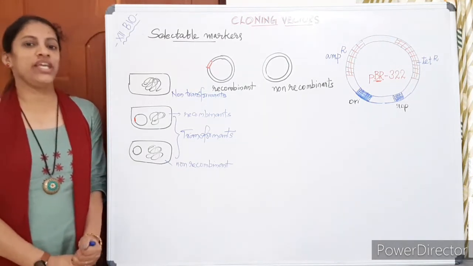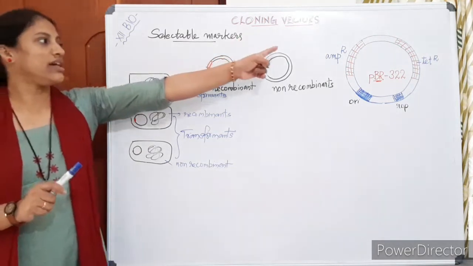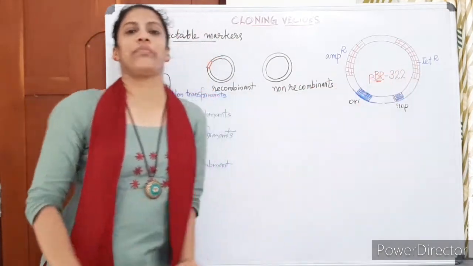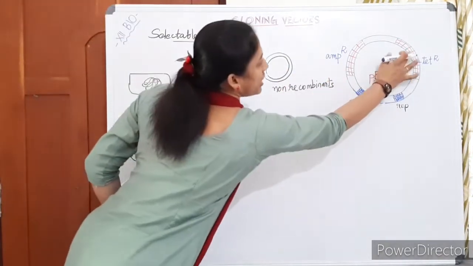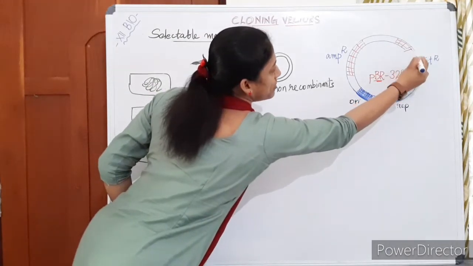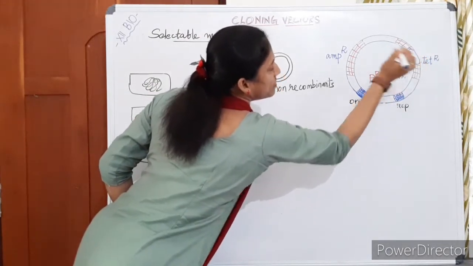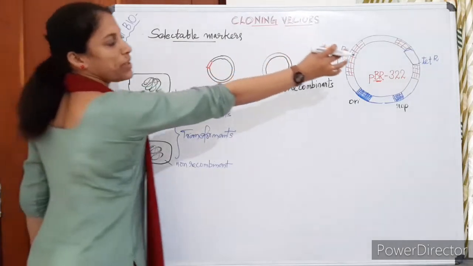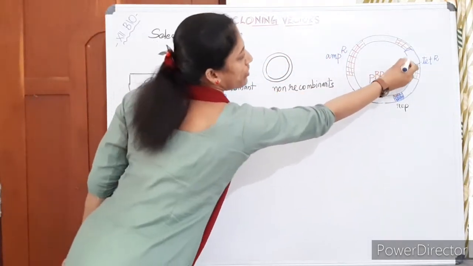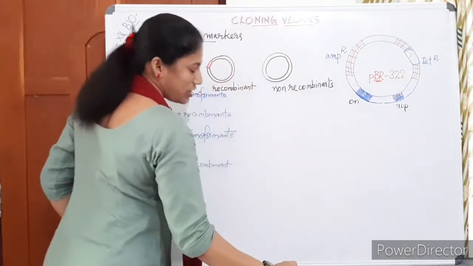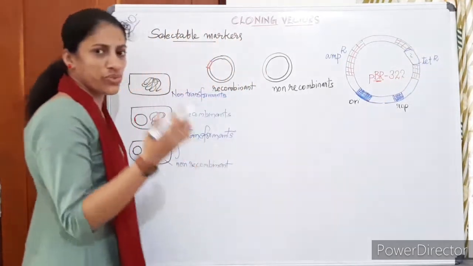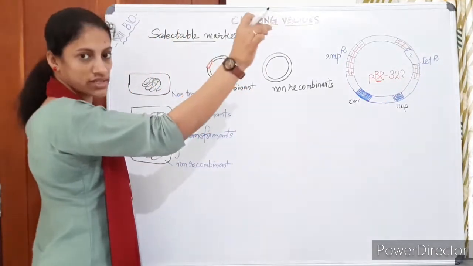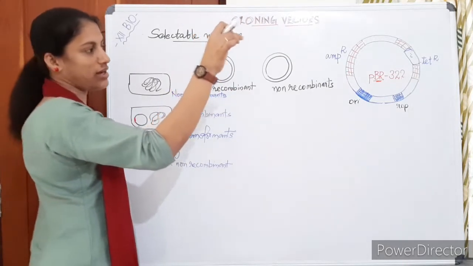For that we have the selectable markers. Suppose we are inserting our foreign gene here. Suppose in pBR322 we are inserting our gene here, cutting it with BamHI. At that sequence there is the enzyme BamHI, you have already learned.